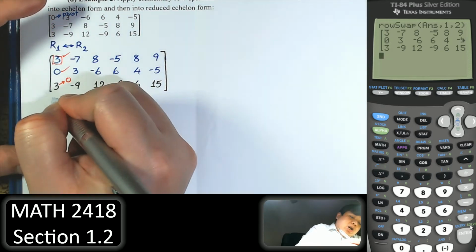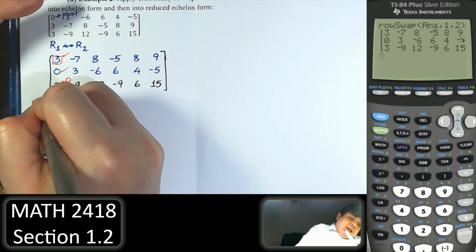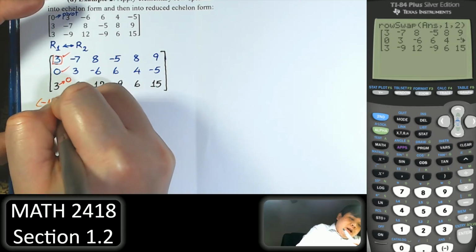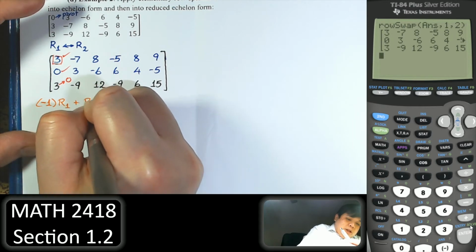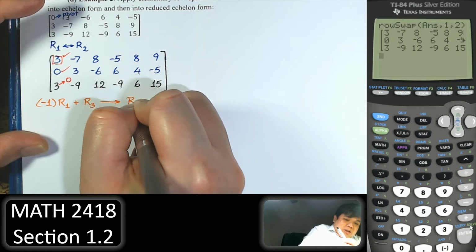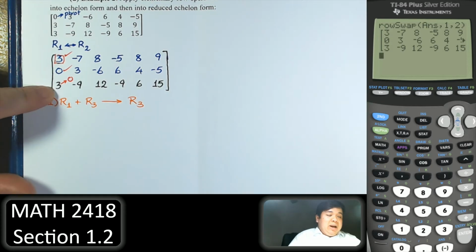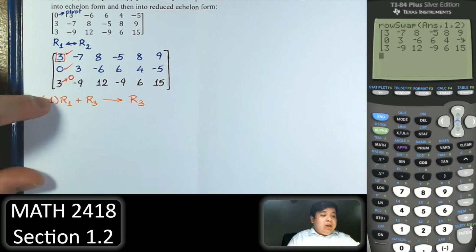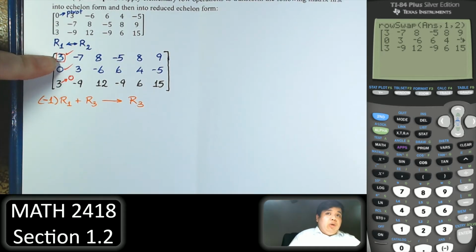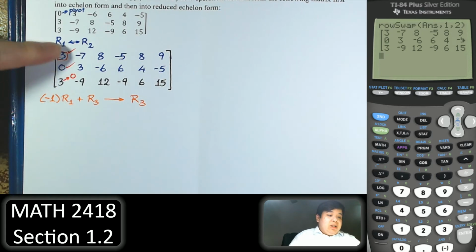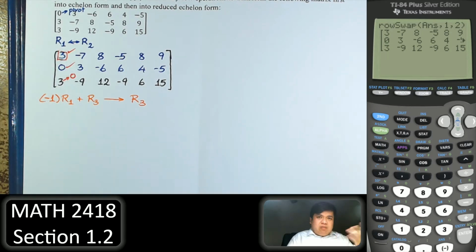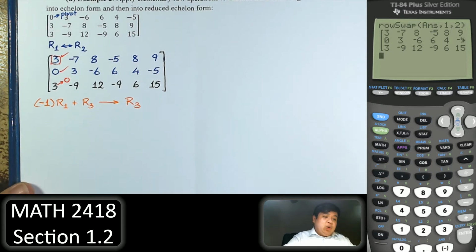So we'll do negative 1 times row 1 plus row 3 and store into row 3. So we eliminate this. Every time we want to eliminate something, we multiply the row that has the pivot entry by something so the number will be opposite. Like I said, later on we will have a much better way to do this.